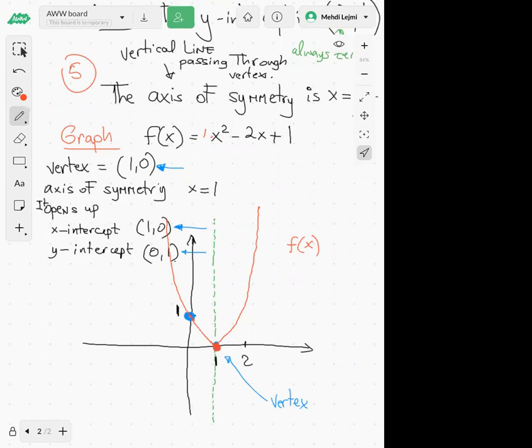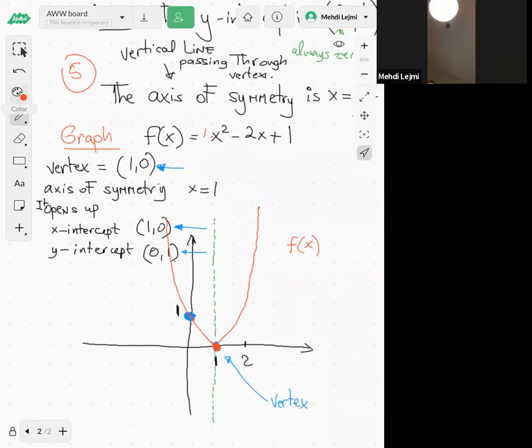You see what I plot here: I plot my vertex, this one here, and I plot my y-intercept, which is (0, 1). And then I have to plot my x-intercept. Well, the x-intercept is the same as the vertex, right?